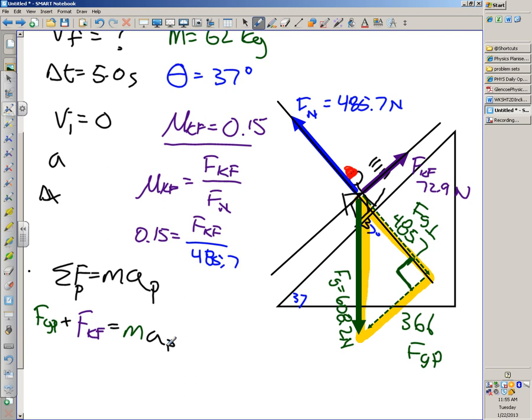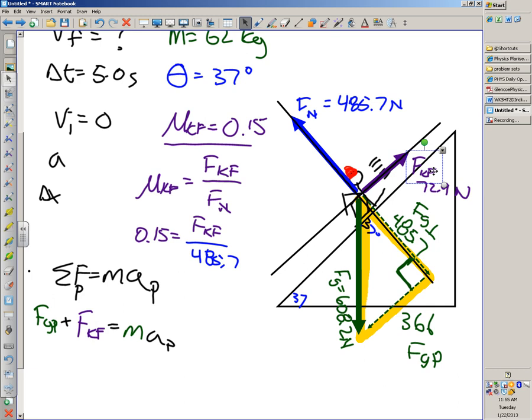All right? Important thing being, what do you see about the F of g parallel and the friction in this problem? Which direction do they point? Opposite. So what are you going to have to do to those two numbers? Subtract them, basically. You're really adding a negative number, but it's still subtracting.